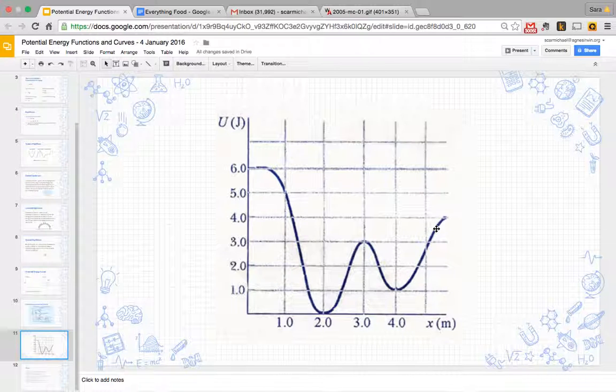So it would have a much wider range of motion. It would be oscillating between, let's say, x equals 5.5 and x equals, I don't know, about 1.3 or so. So let's say, for example, an object starts off at x equals 4.